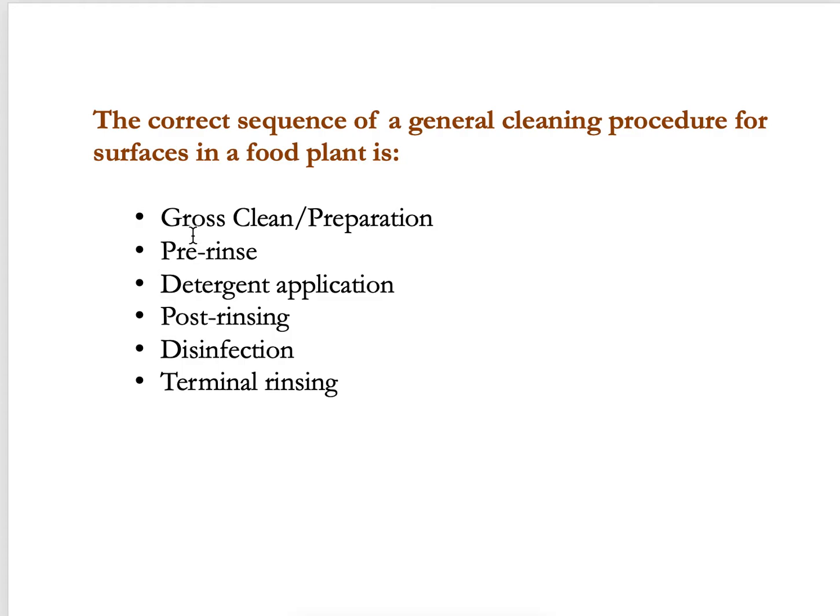First do a gross clean or preparation, then pre-rinse the area which we want to clean, then apply the detergent, then after application of detergent, post rinse, then do the disinfection, and finally rinse again to remove all the residues. These are the sequence of tasks done during a cleaning procedure. So this was about the cleaning procedure and program.